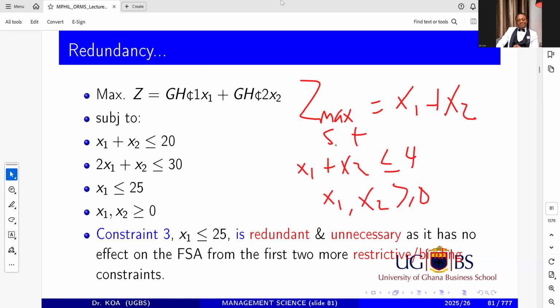No, wait. Who else is finished? Somebody doesn't want to finish, so I'll wait until everybody has finished.